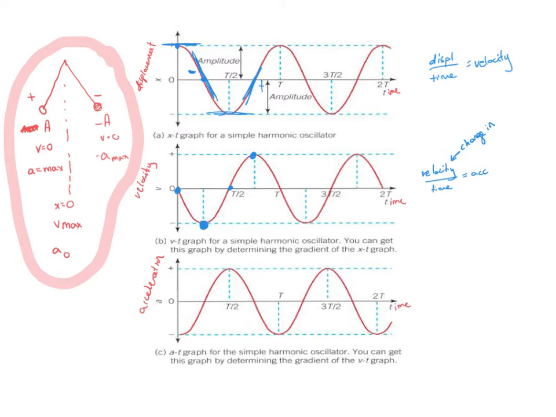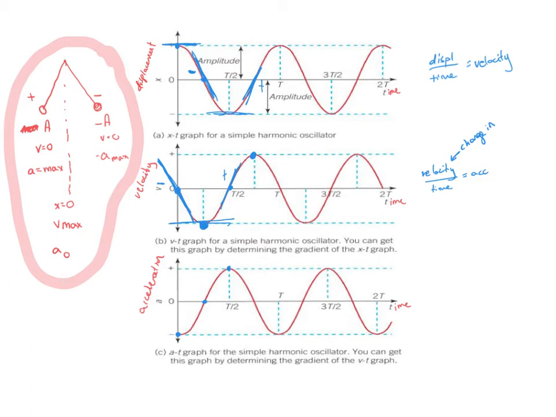So what that means simply is that if you get the gradient at any point on this line, here you can see is the maximum, and also it's a negative gradient, so you'll have the maximum negative acceleration when the displacement is at its maximum, so at this amplitude. You can even notice from here that is 0, so there's where you have the 0. This is the positive gradient, so you have the maximum value here, and so on.